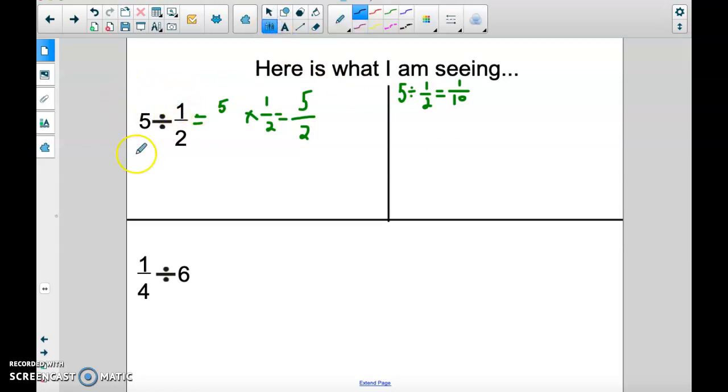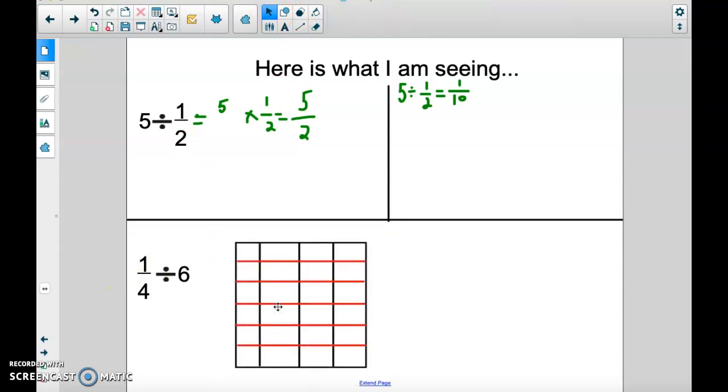Now, I will say that more people were making mistakes on this type of problem. But there were some of us that were making mistakes on a problem like this when the fraction comes first. And it wasn't so much with drawing it out. You guys did real well with drawing it out. But when you counted, you'd be off, right?